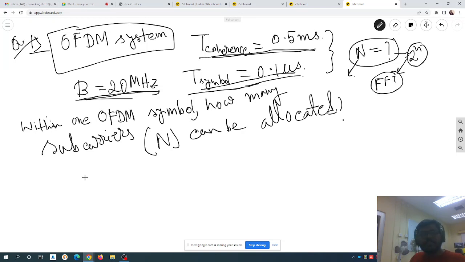So anyone to answer this question? Is it T coherence by T symbol, sir? Yes, and what is the answer? What should be the N?